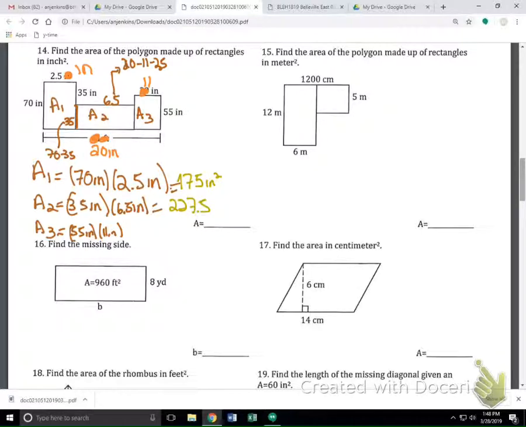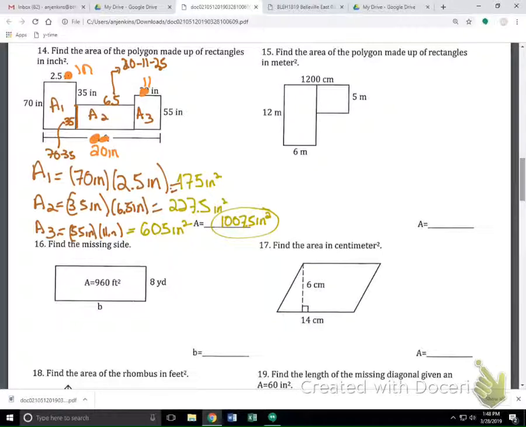And Ginger, you said you had the last one? 605. 605, like that? Okay. And then we have to add them all up together. When you add them together, who has that one? Rena? 1,007.5. Yep, and then we put on that inches squared.